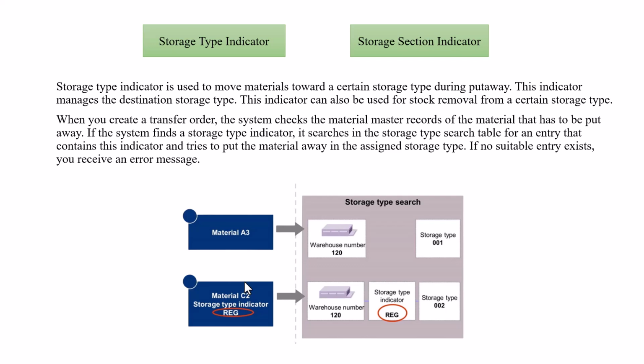If it finds an indicator there, then it goes to the search strategy that is defined in customizing, and based on the search strategy the system assigns a definite storage type for the put away of the material. In this image you can see that between the storage type and warehouse there is a storage type indicator, and this is pre-configured and is a set of rules that define where the material will go.